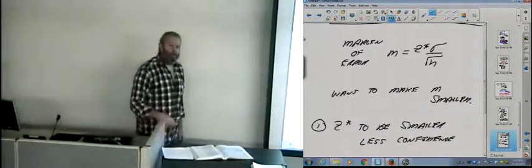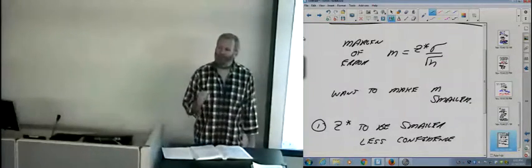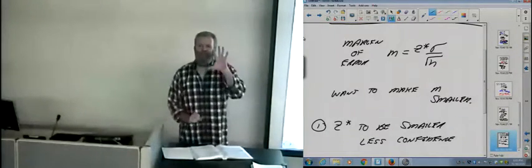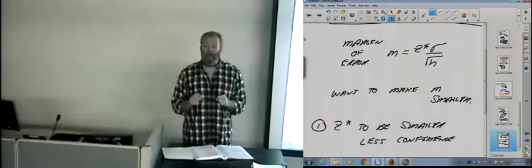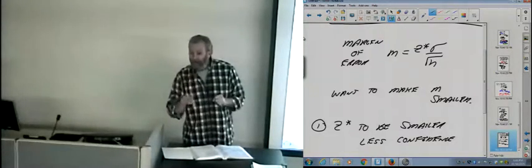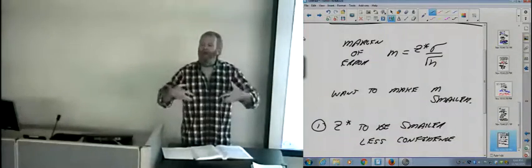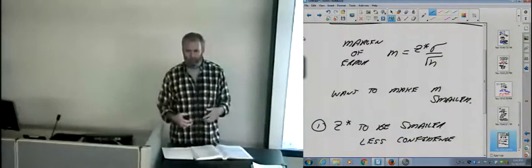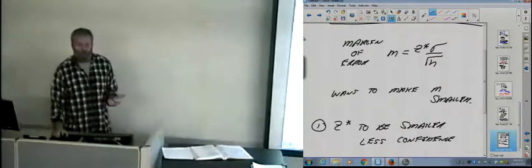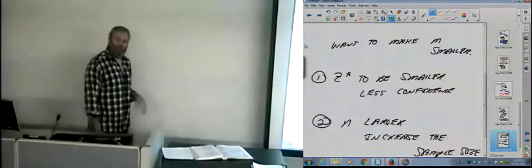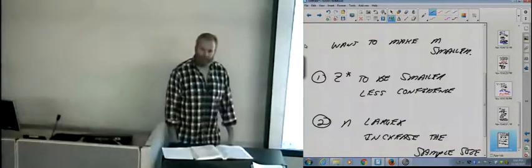See the formula? Z star times sigma divided by the square root of n. Z star, if I multiply by a smaller number, the whole thing will be smaller. You see the square root of n is in the denominator? If I divide by a larger number, the whole thing will be smaller. Okay? So there's two things I can change to change the margin of error. I can change the confidence level or I can change the sample size.